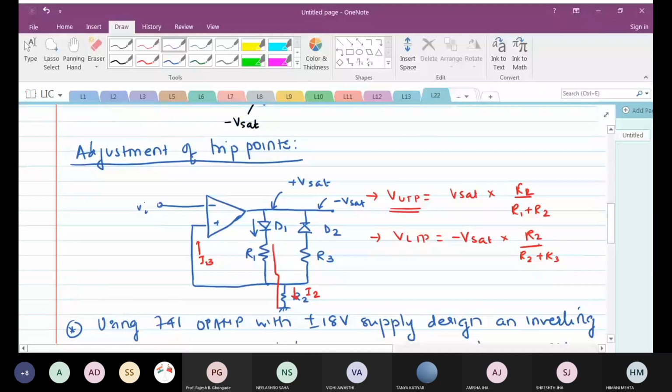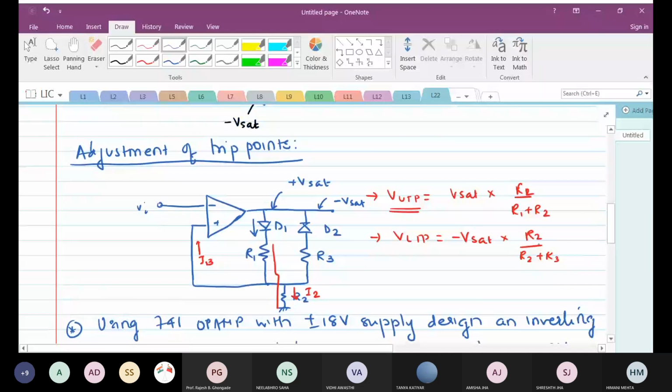This is VR3. So again it is VO sat minus VF minus your LTP, divided by I2.